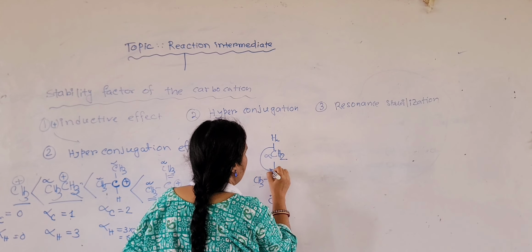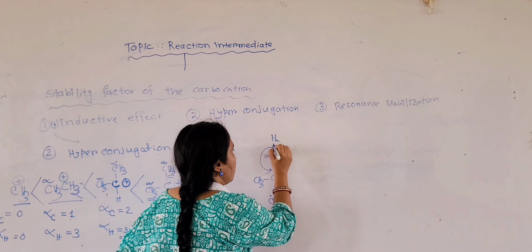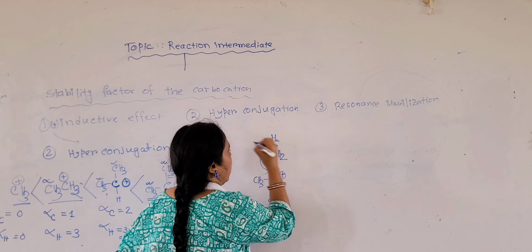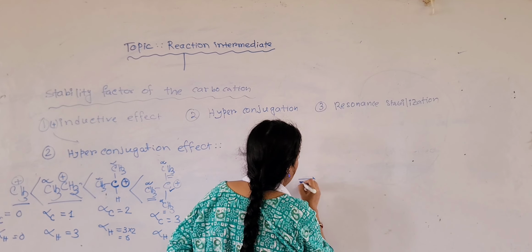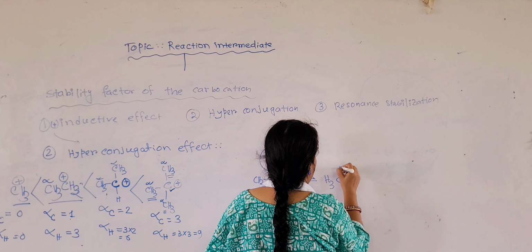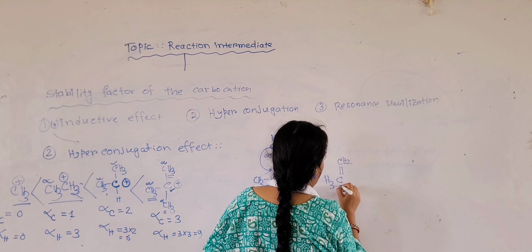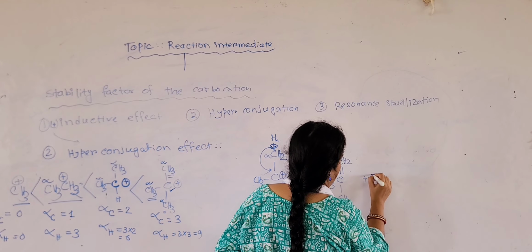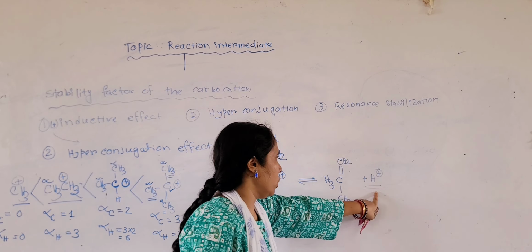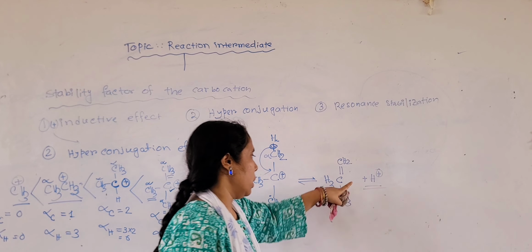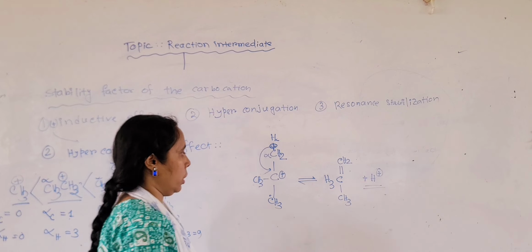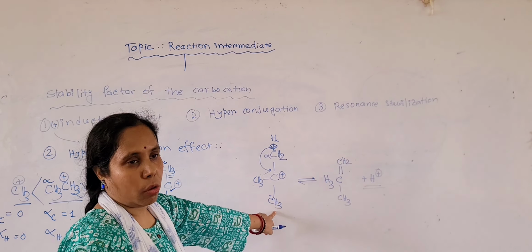The C-H sigma bond has 2 electrons and is rotating for the sake of stability. So the structure now becomes CH2 double bonded, the alpha hydrogen leaves as a proton, H plus, and this is the stable structure of the carbocation. I hope you can draw it in your notes. So a total of 9 such structures will form, almost identical.